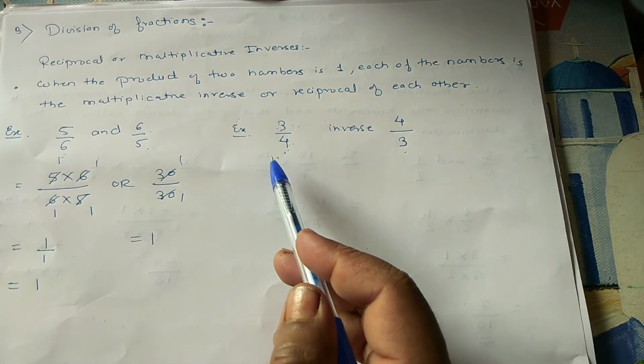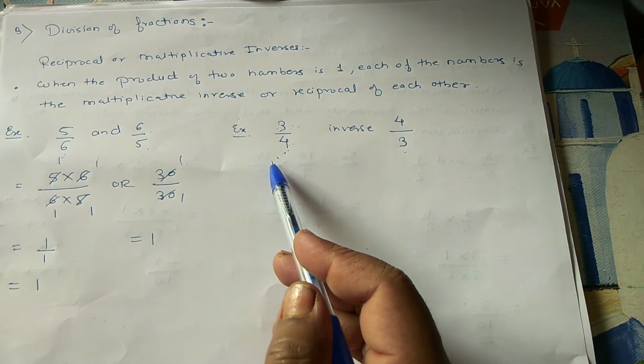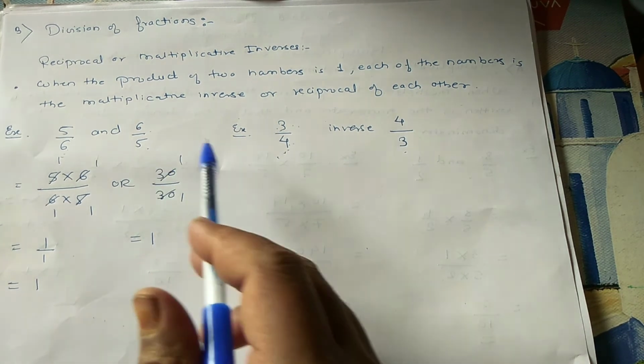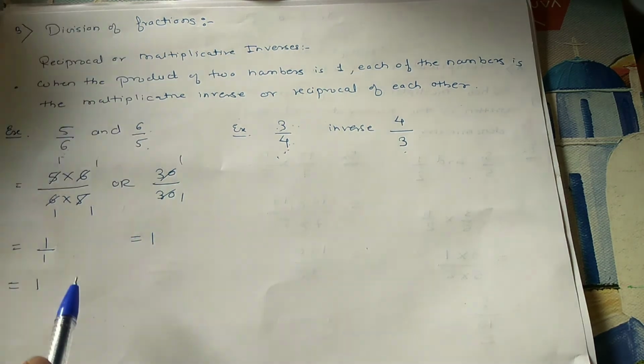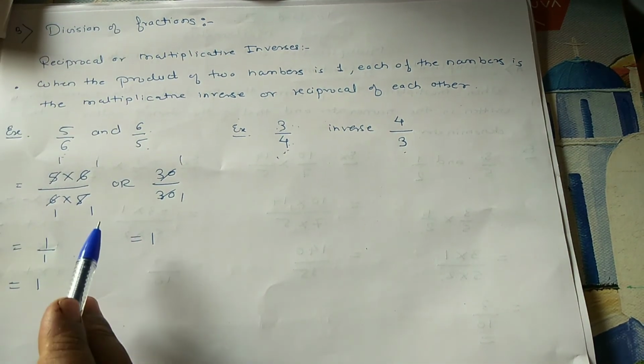I hope all of you understood what the inverse is. Also remember, the product of two numbers which are reciprocal or inverse of each other is 1. Now we study division.